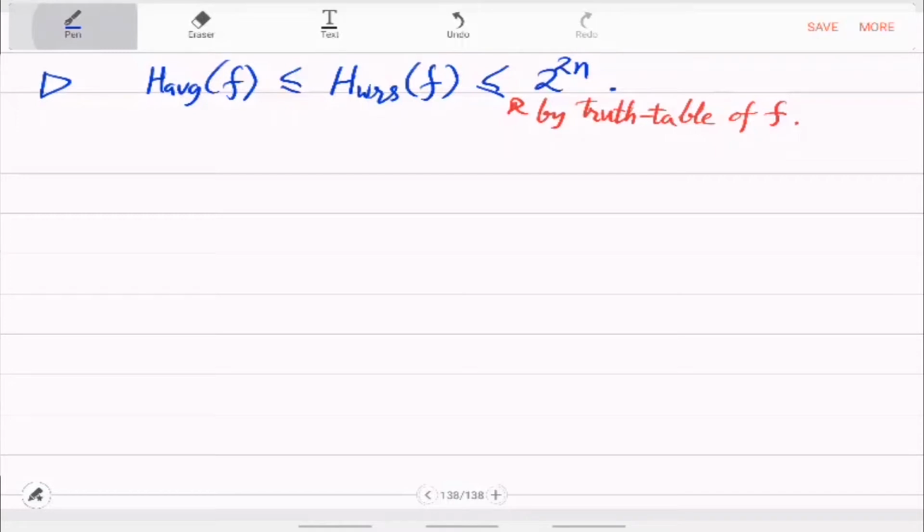So obviously the open question here is: can you bring the worst case hardness close to this upper bound?